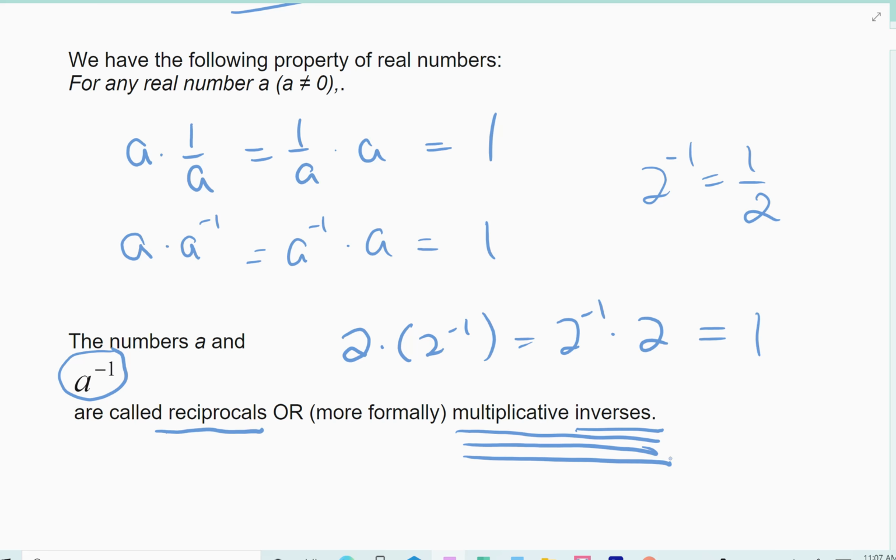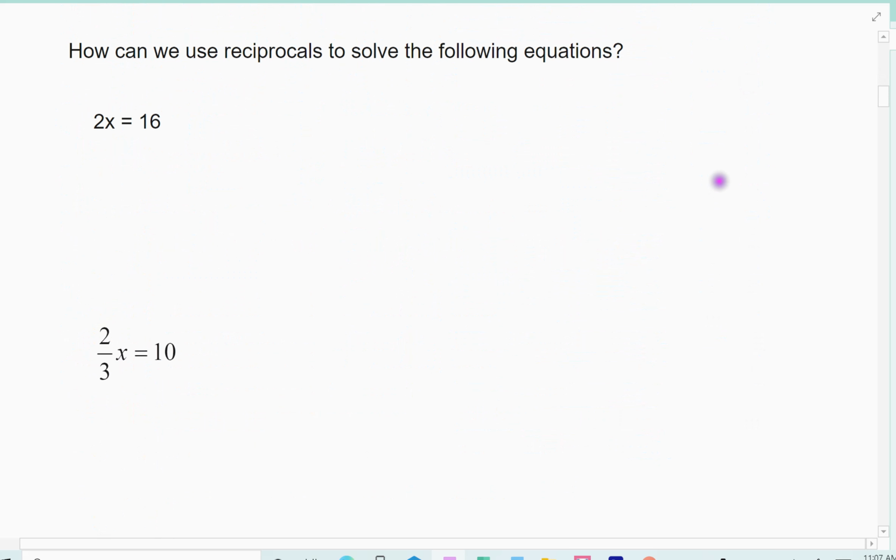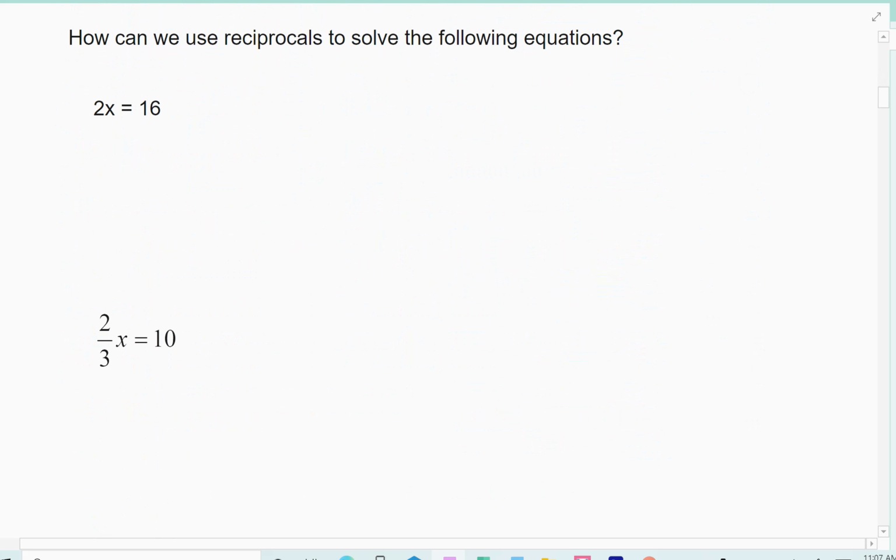Where we use this in algebra is to help us solve equations. For example, I've got 2x equals 16. I want to solve for x. I need to get rid of the 2. I want a 1x there. I can get rid of the 2 by multiplying by 1/2. Whatever I do to one side of the equation, I have to do to the other side.